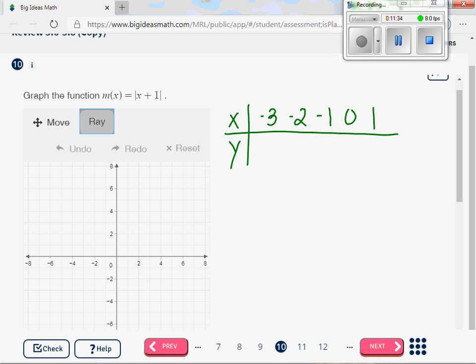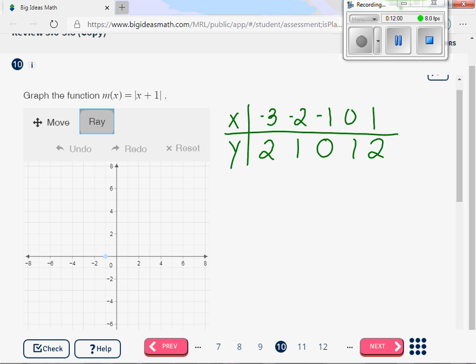And if we plug these in one at a time and did the calculations, we would end up getting 2, 1, 0, 1, 2. Because if we plug each one of these into the absolute value and simplify it, we would get 3, 2, 1, 0, 1, 2. And the lowest point for this here is at -1, 0.